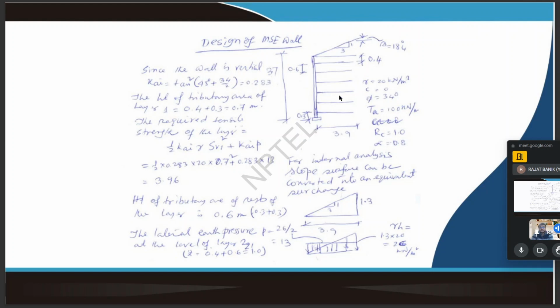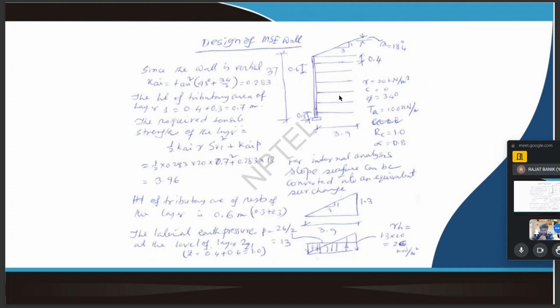For finding the surcharge P, we need some geometry calculation. That means we need to calculate the pressure of the top slope soil. By calculating this, we find that the pressure at the top soil is 26 kilonewton. And for safety, in the lateral earth pressure we divide by 2.